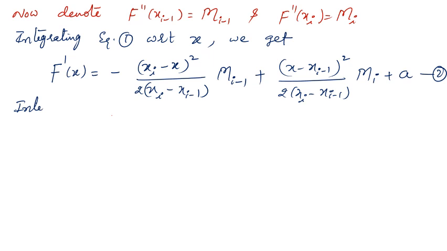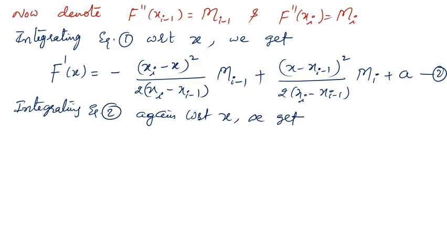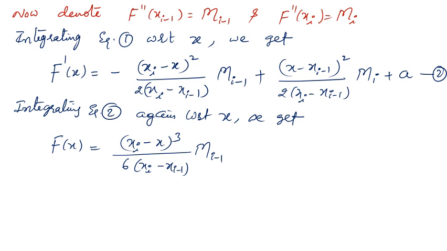Integrating equation 2 again with respect to x, we get f dash of x integrating to f of x. One more integration gives a whole cube. So (x_i - x) whole cube by 3 into 2, this becomes 6, into (x_i - x_{i-1}), times M_{i-1}, which is constant.